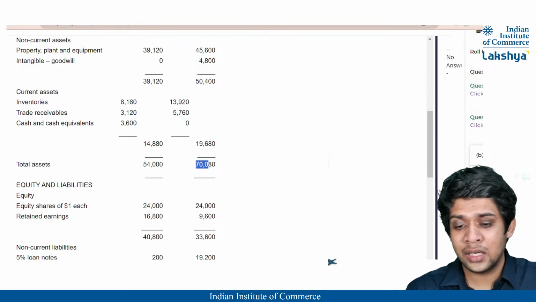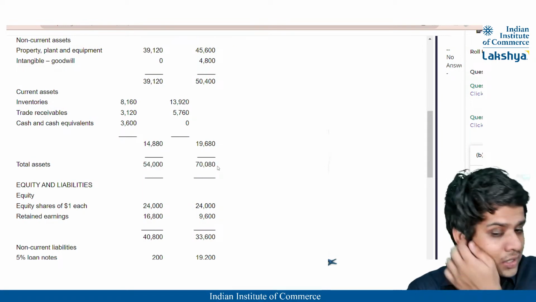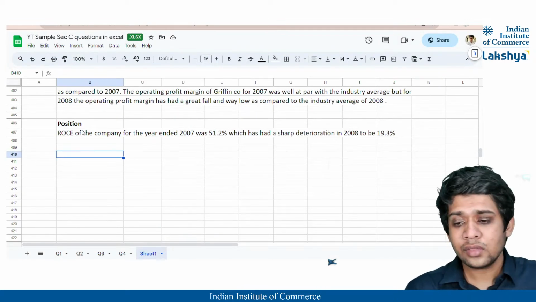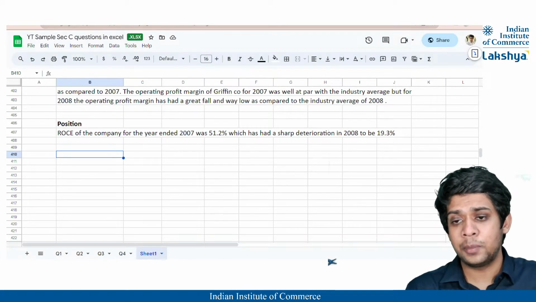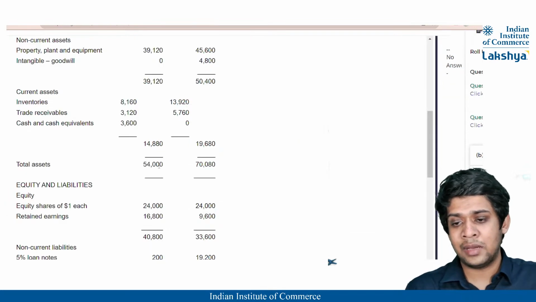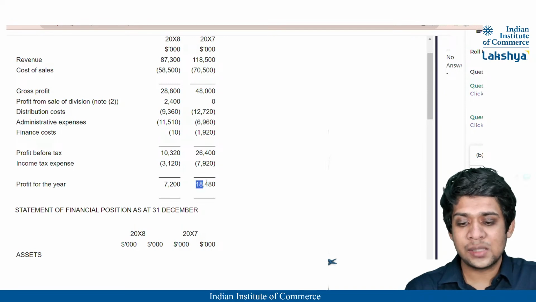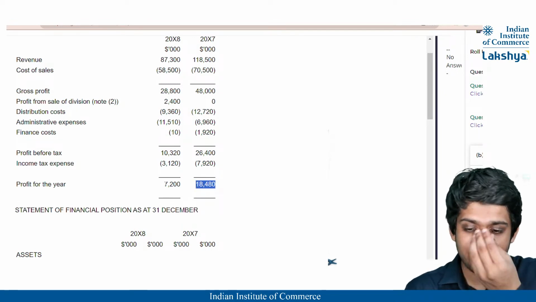But the assets, we are comparing it with the adjusted assets, so from here the assets are also reduced. So the ROC has probably dropped because the company maybe has less profit. Let us see. Yes. So the company's profit is 18,480. Correct? 18,480 is the profit for the year.